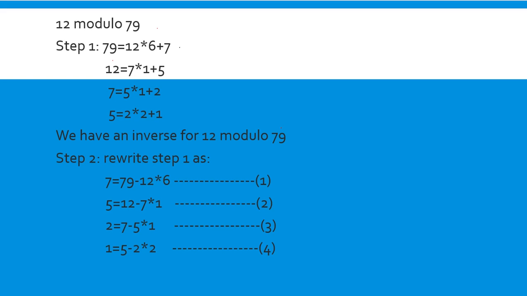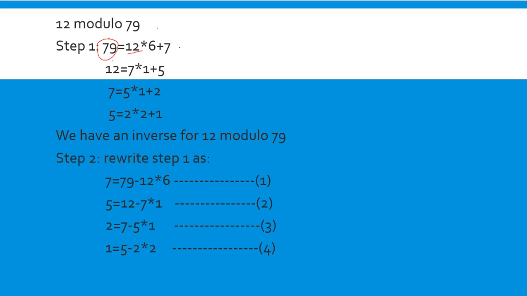So how to check this? First let us consider 79 and we have 12. We have to check how many times 12 goes into 79. An easy method is to take your calculator and divide 79 by 12, which gives 6.58.